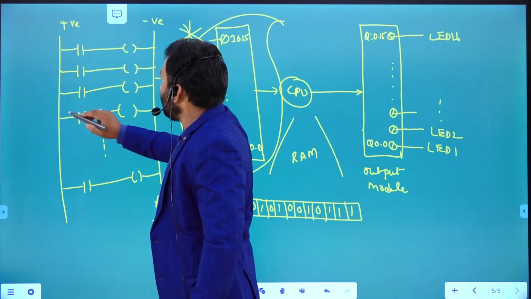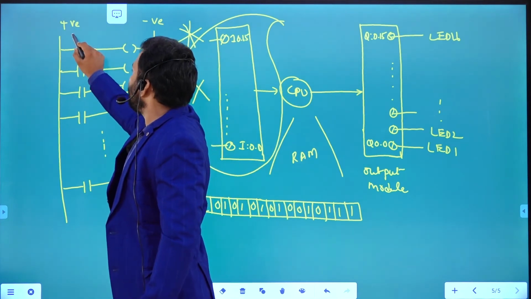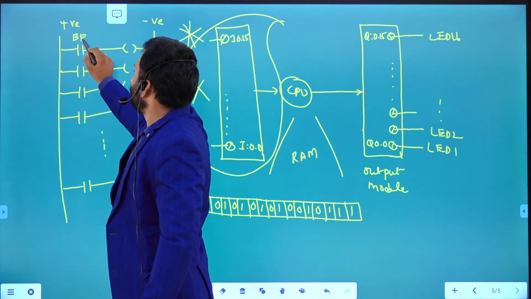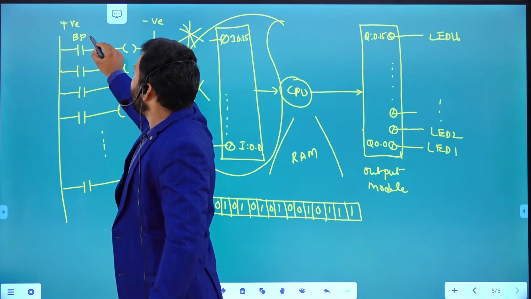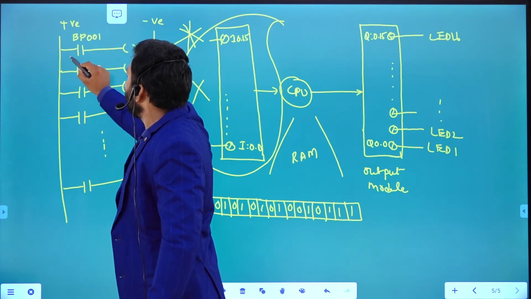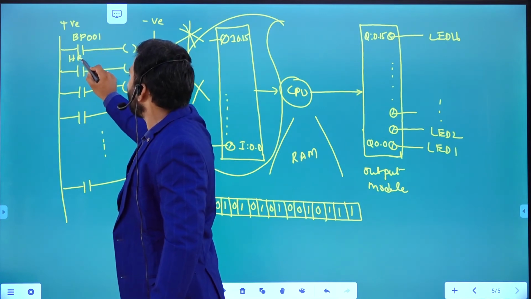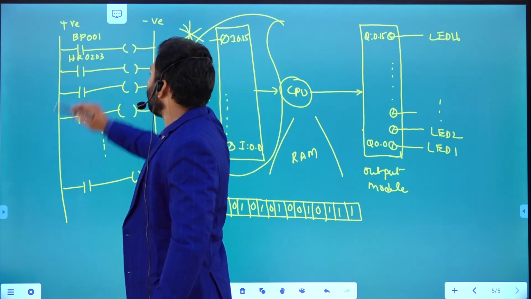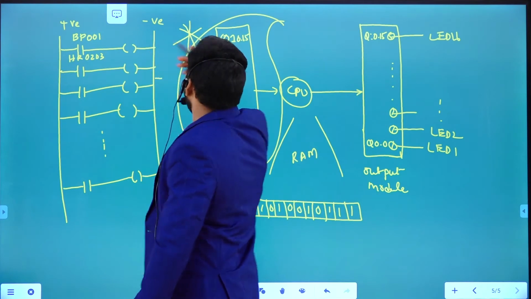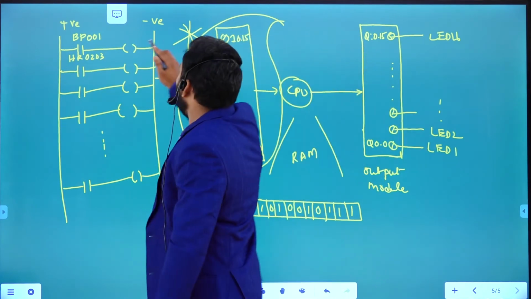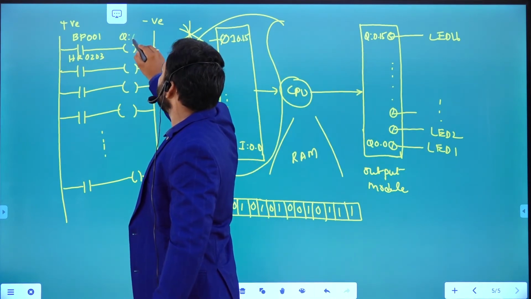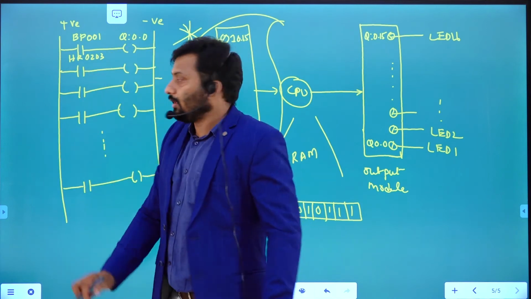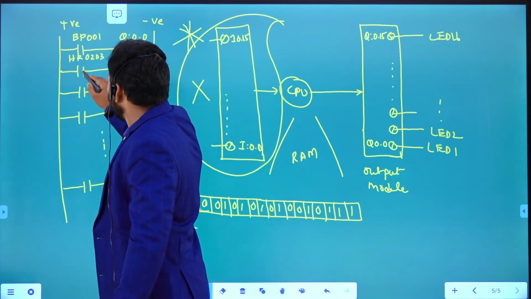The first address is what? It has to follow the bit 001 from which register? Holding register 0203. It needs to control the first output, Q0.0. Like that is its address.